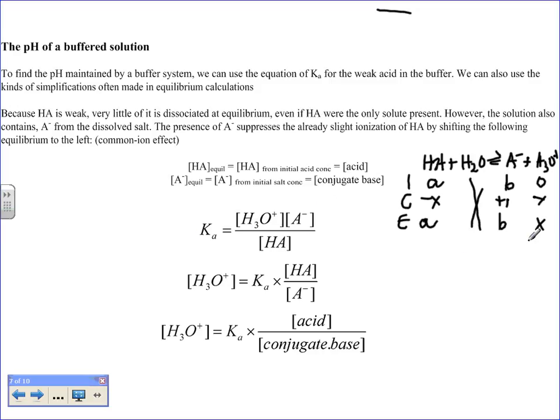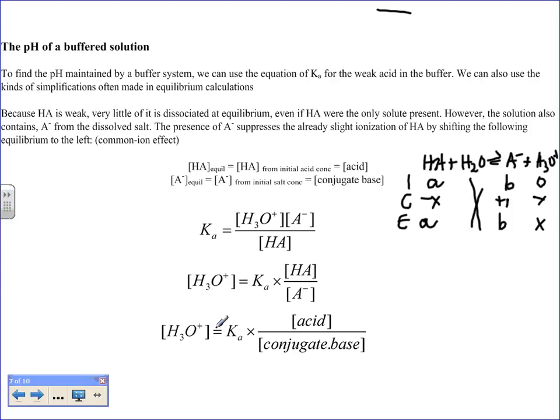So when we look at this here, if we want to solve for x, we need to sub into the equilibrium law. And the equilibrium law is Ka is equal to H3O plus times A minus divided by HA. If we rearrange this to solve for the concentration of H3O plus, we get this expression where it's equal to the Ka times HA over A minus.